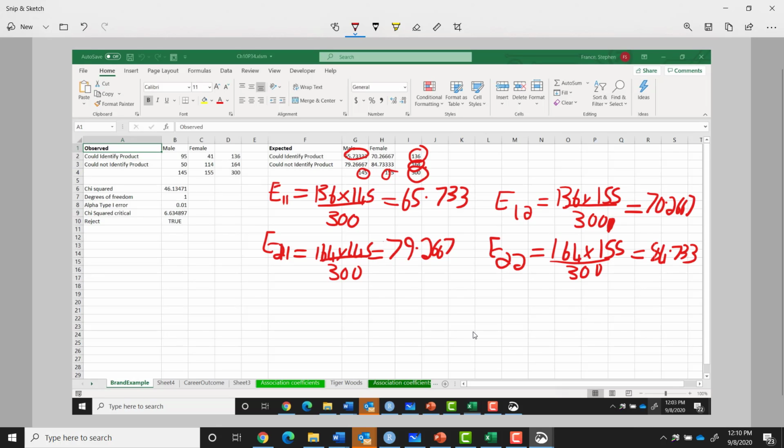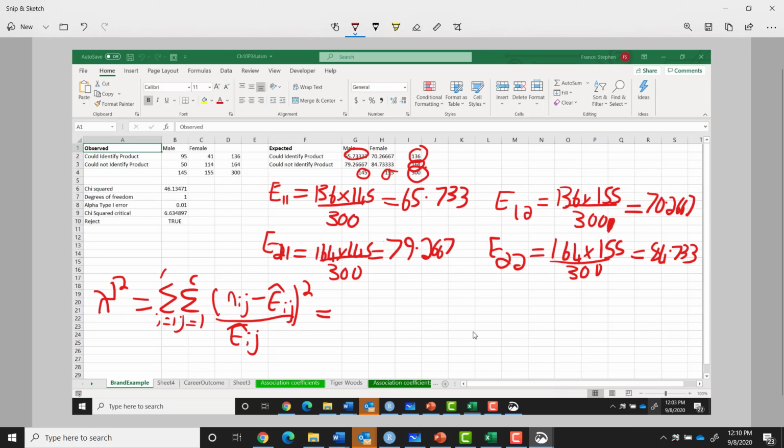That's going to be 84.733. So my actual chi-squared calculation is the sum of the observed value minus the expected value, squared, over the expected value.